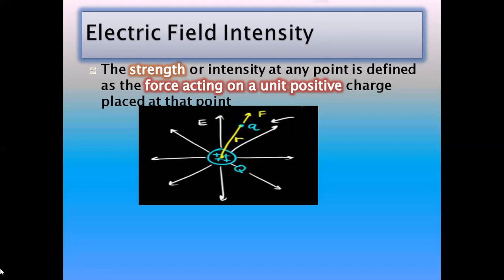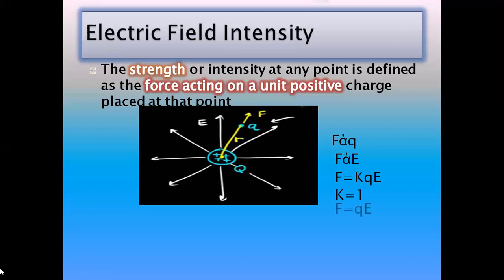Here, as the charge increases, the force also increases. Then F is directly proportional to Q. And F is also directly proportional to capital E, the electric field intensity. So F is equal to a constant times QE, where K is equal to 1.